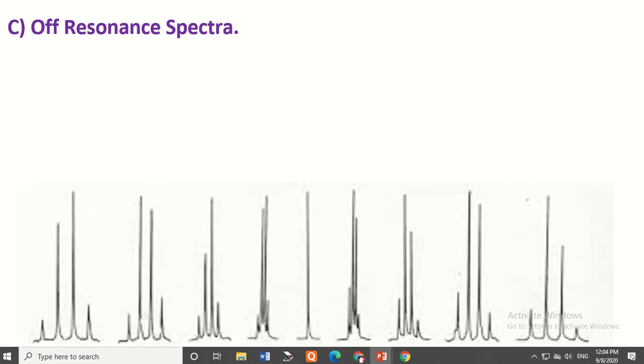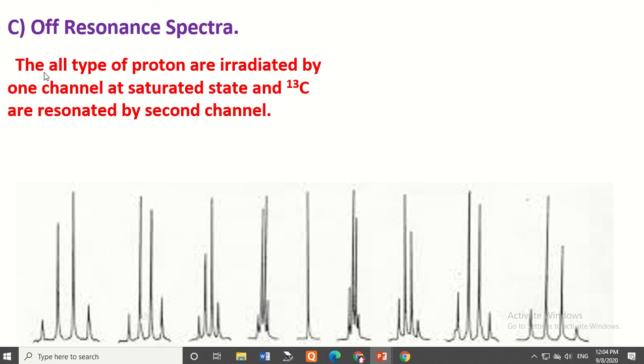Therefore, the third spectrum is the off resonance spectrum. In this spectrum, the multiplicity information as well as the chemical shift information is obtained in a more accurate way. First, how to take the off resonance spectrum. All types of proton are irradiated by one channel at a saturated state, and carbon-13 is resonated by the second channel, and the frequency of the resonated carbon-13 nuclei is measured by the second channel.